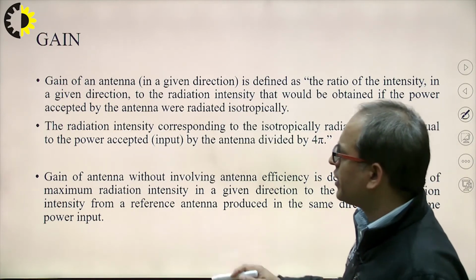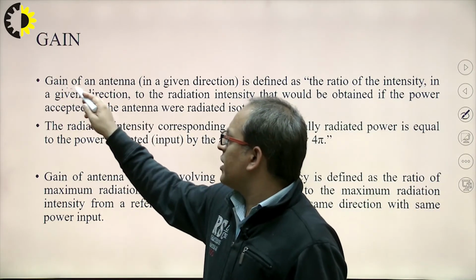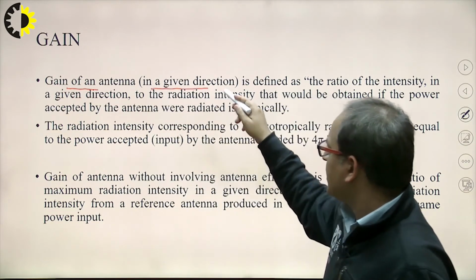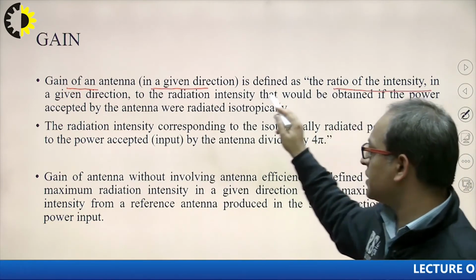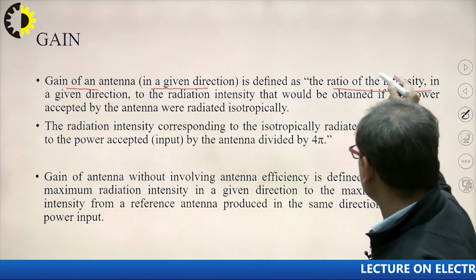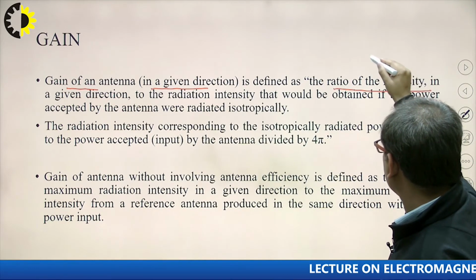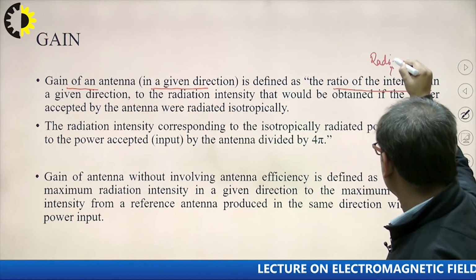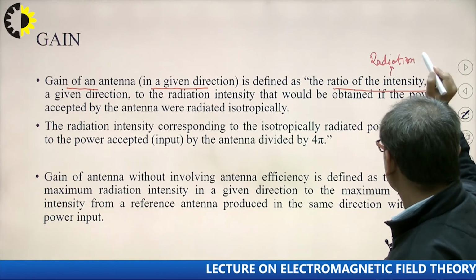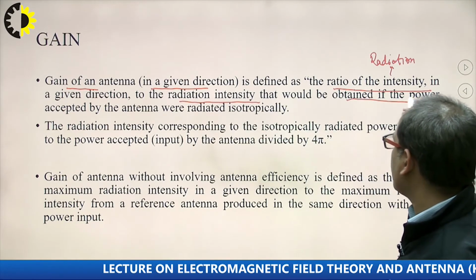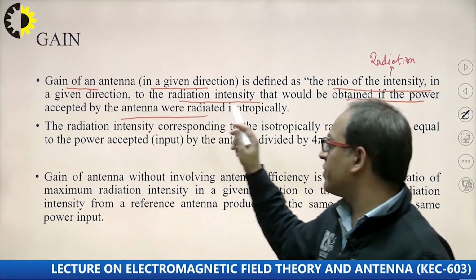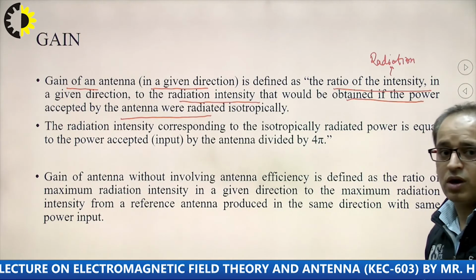So the gain of an antenna in a given direction is defined as the ratio of the radiation intensity in a given direction to the radiation intensity that would be obtained if the power accepted by the antenna were radiated isotropically.